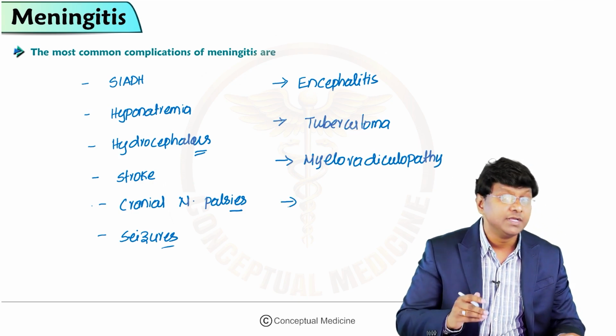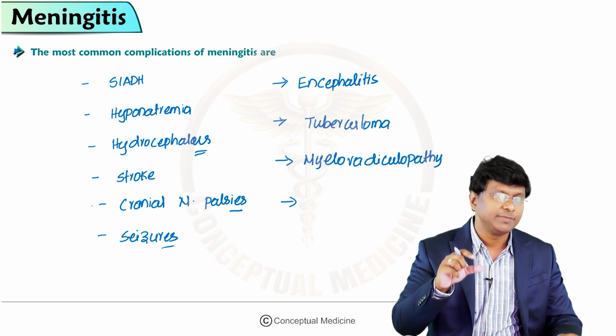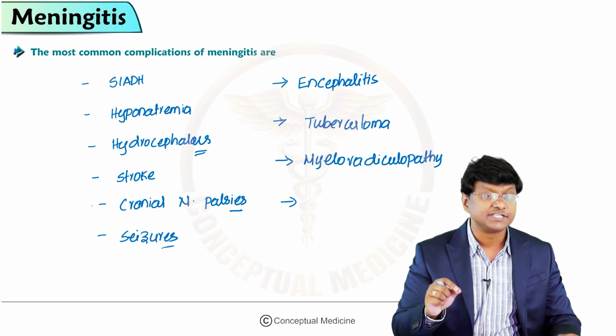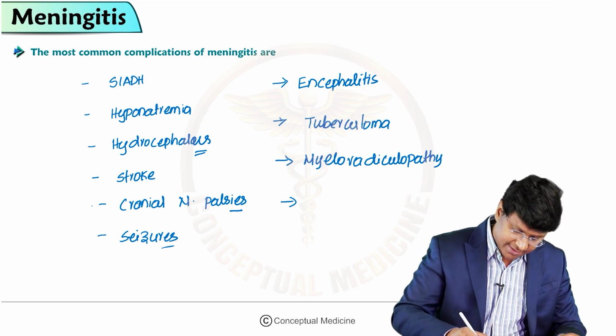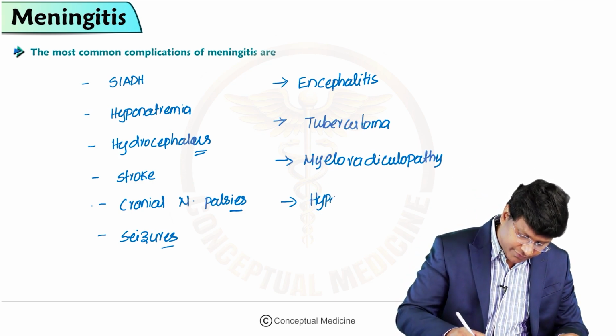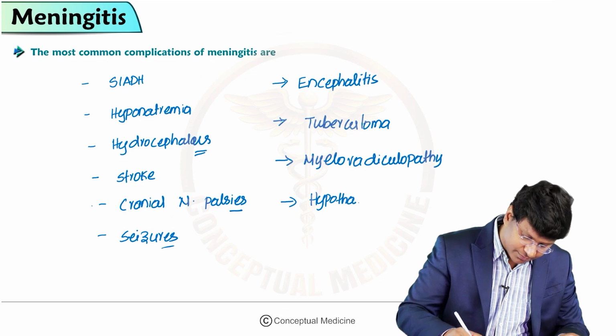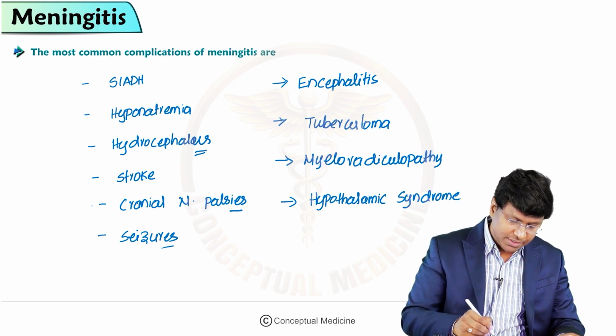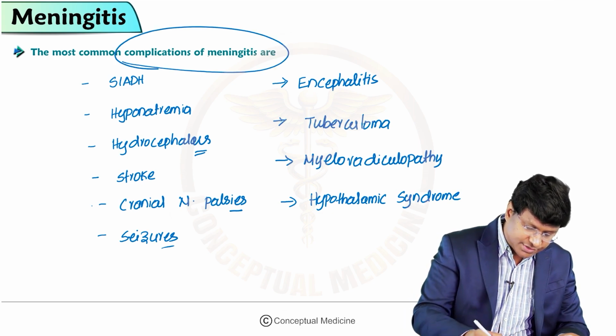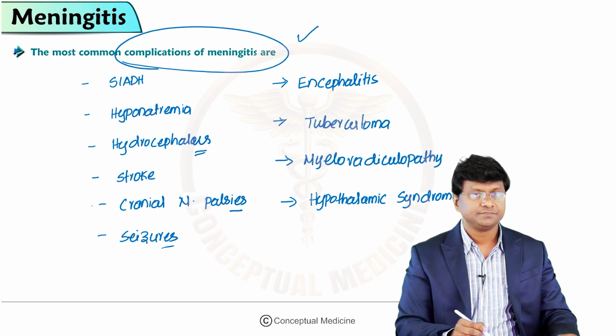There can be development of myeloradiculopathy, so involvement of the spinal cord as well as the spinal nerve root, and there can also be development of hypothalamic syndrome. So, these are the complications of the meningitis.